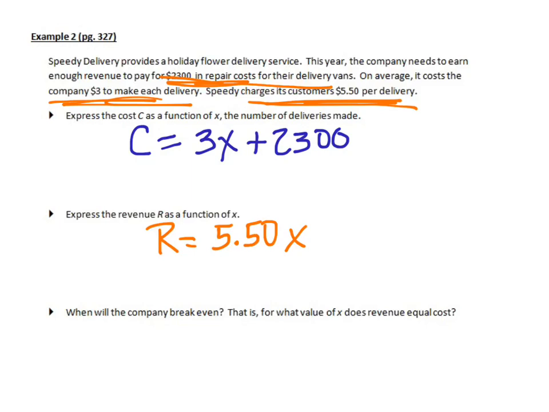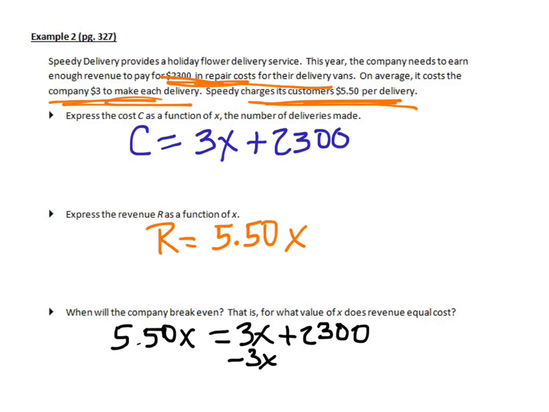When will the company break even? That is, when does revenue equal cost? So we simply need to set revenue equal to cost. So here's revenue, 5.50x. Set that equal to cost, 3x plus 2,300, and then solve for x.